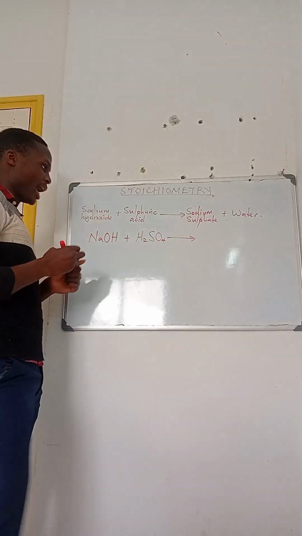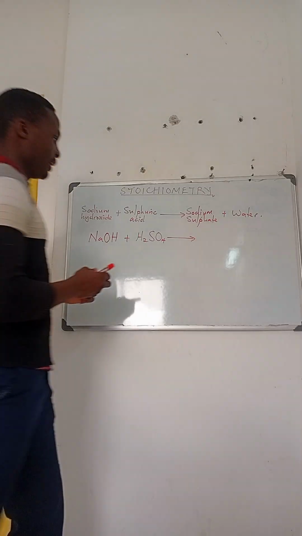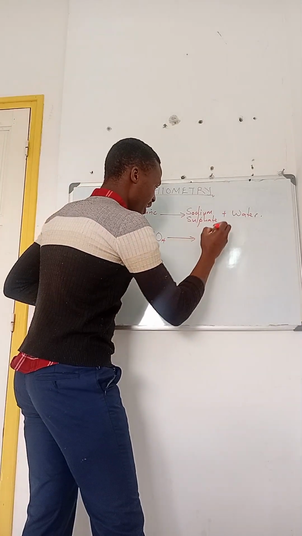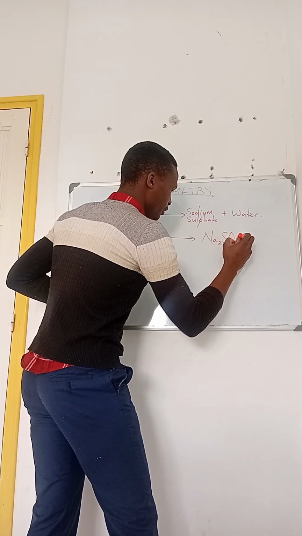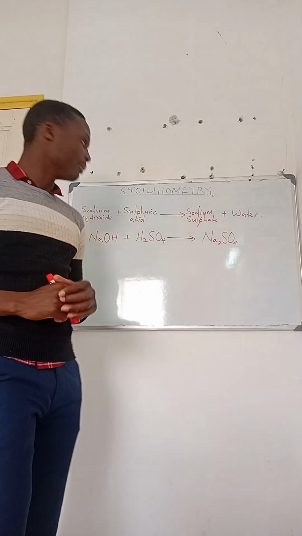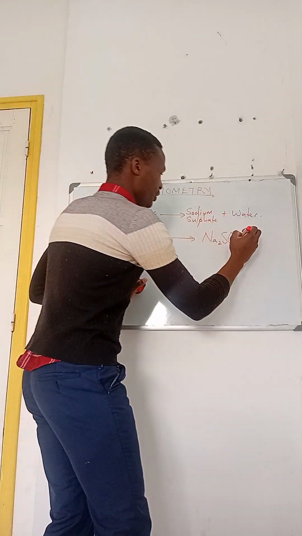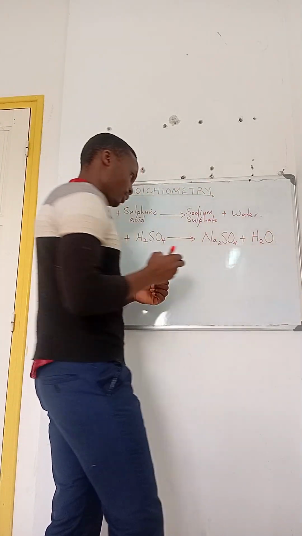Then we put an arrowhead there. Then we have sodium sulfate. It will be Na2SO4. So that's the chemical formula for sodium sulfate. Then plus water, usually it's H2O.